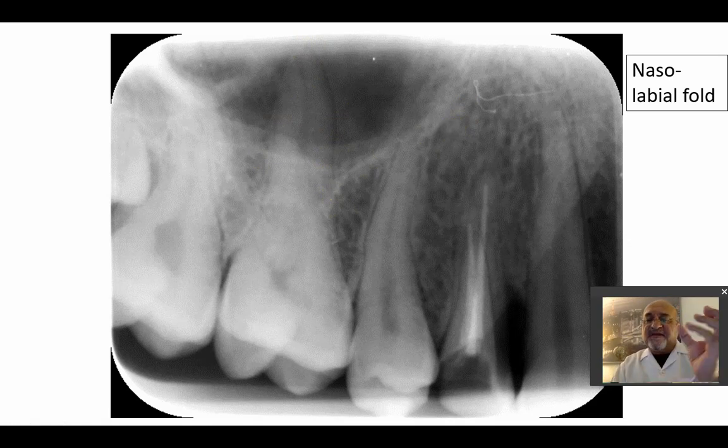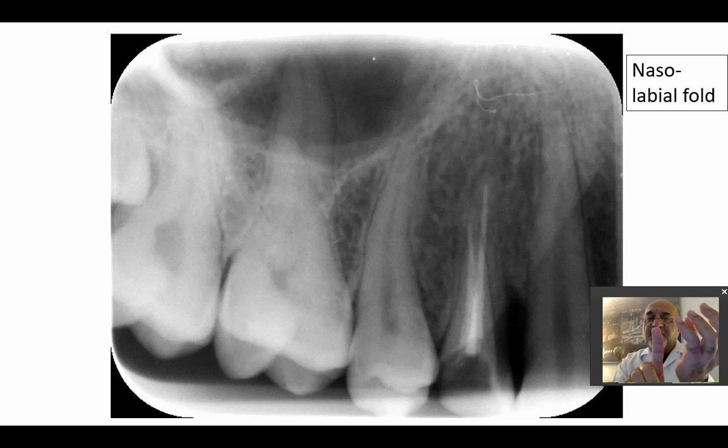If this is the image of the maxillary sinus, and this is the image of the tooth over here, the image of the root of the tooth appears as if it is inside the maxillary sinus, right? When you take an X-ray, it appears as if the root of the tooth is exactly inside the maxillary sinus, but in reality, this is the relationship.